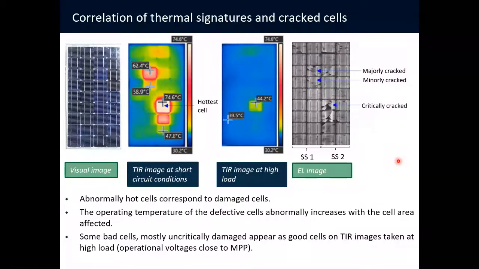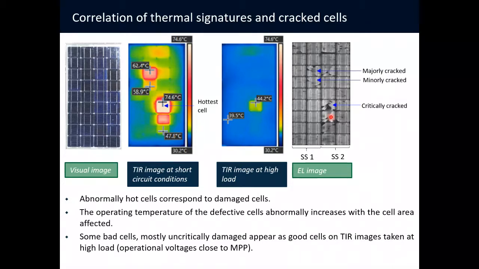Okay, so like I said, as we can see here, we have cracked cells that are showing as hot spots or hot cells. The area of the cell that is affected actually influences the operational temperature of the affected cell.